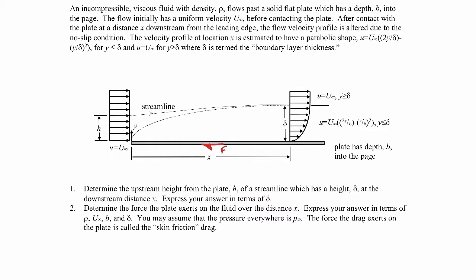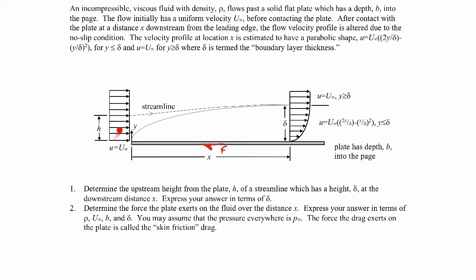Let's start with the first one, finding the upstream height that corresponds to the downstream height delta. This will be a conservation of mass kind of problem. And the reason I know this is because we're coming in with a certain amount of mass flow rate here, and we're going out with the same mass flow rate, assuming that it's steady. So there's no mass accumulation on the inside.